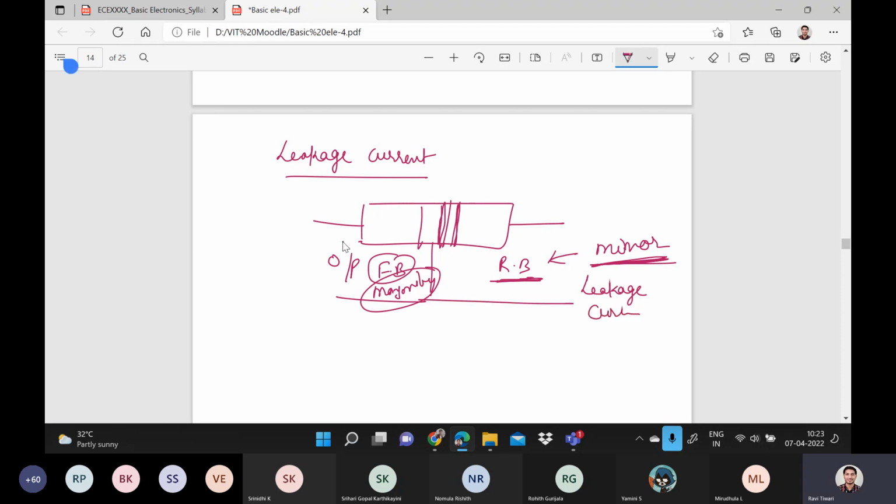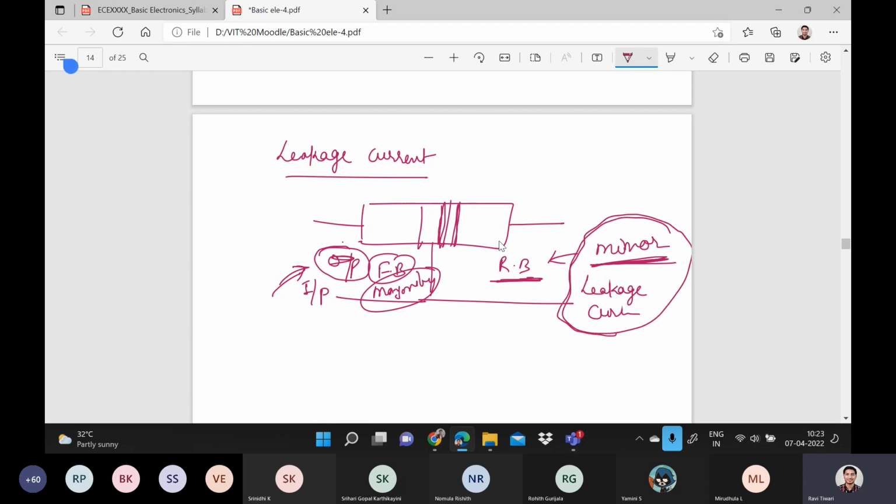And what if your input terminal is open circuit? That means we are not providing any input from the input terminal. Even then some current will flow because of these minority carriers, some leakage current.